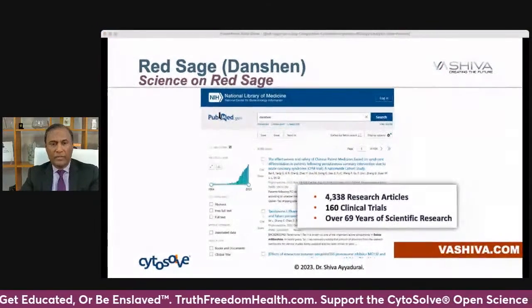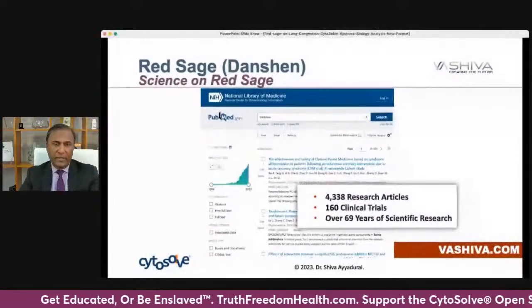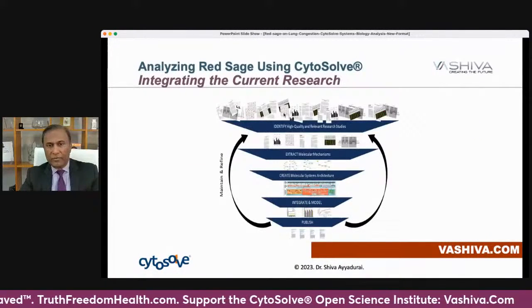And what we do with CytoSolve to really benefit all of you and humanity is we take all of that research, which no one person could do, but with our technology that's been donated for public use, we analyze all of that research relative to lung congestion. That's the power of CytoSolve. And just briefly, how does CytoSolve do that? CytoSolve takes all of this research.